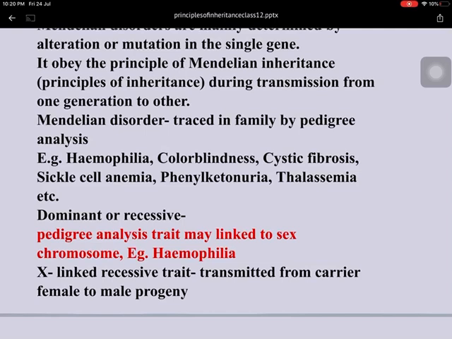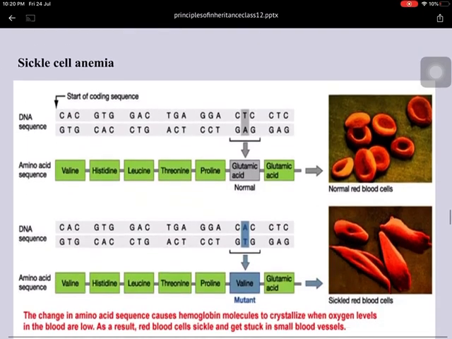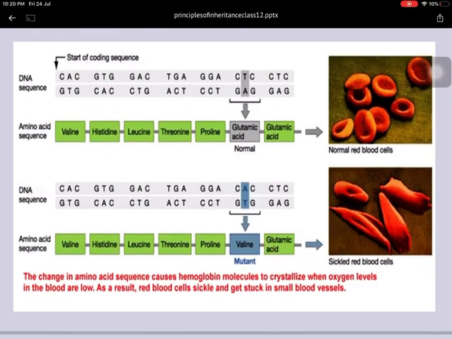Hemophilia is an example of an X-linked recessive trait that transmits from the female to male progeny. And the second example is sickle cell anemia. Sickle cell anemia is actually an autosomal recessive trait. An autosomal recessive trait means it is related to the 22 pairs of chromosomes.